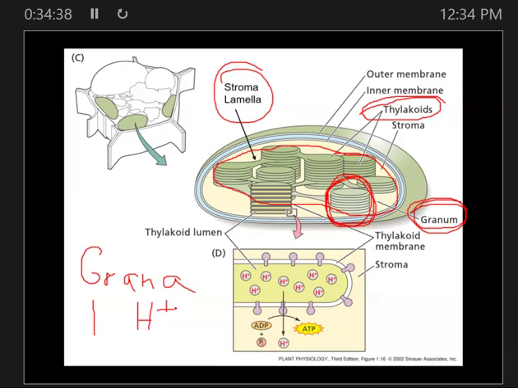So the lumen is if you were to crack open any part of the thylakoid, it doesn't matter what part, you could crack open the granum area or the stroma lamellae. But if you're inside that membrane, we call it the lumen. Just like the inside of your intestines is referred to as the lumen of your intestine. And then the outside portion, outside of the membrane, all the watery stuff that's floating around, is the stroma. Okay, the stroma.